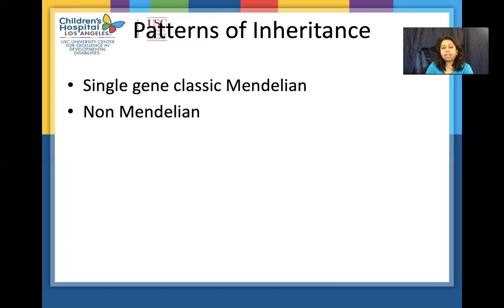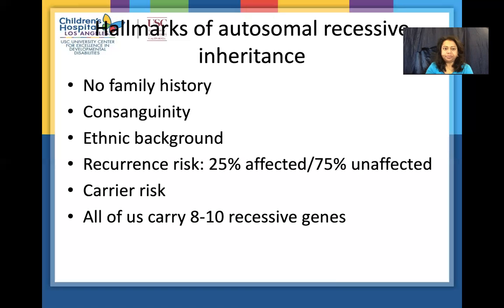And when we think about patterns of inheritance, for the most part, we're capturing a lot of classic Mendelian single gene disorders, but we'll eventually be moving towards non-Mendelian inheritance patterns that really involve more of the epigenetic processes that I've mentioned before.